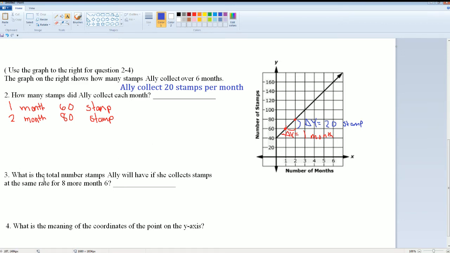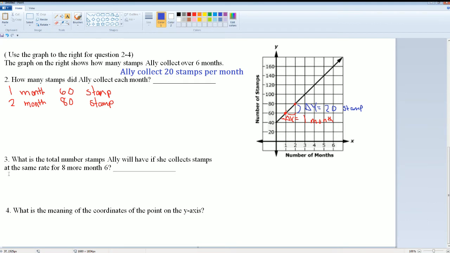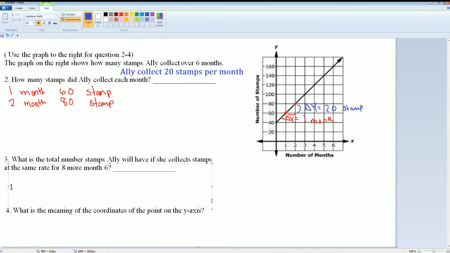What is the total number of stamps Ali will have if she collects stamps at the rate for 8 more months? I don't think there should be a 6 here. For 8 more months. So we can just extend this a little bit further, and write it a little more neatly. So 1 month, how many stamps?